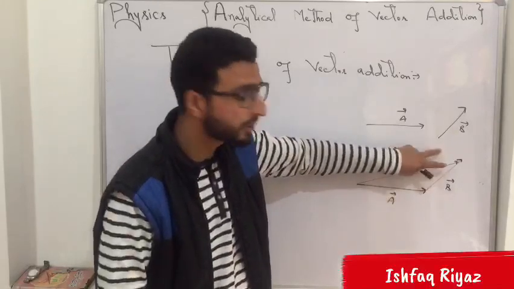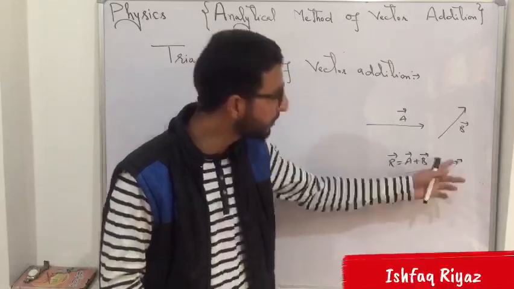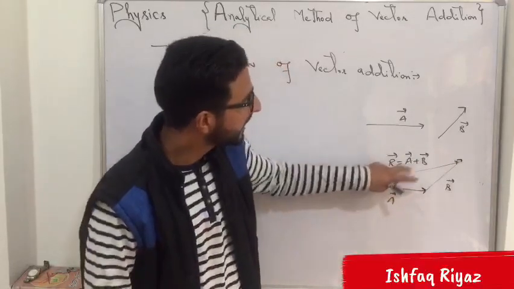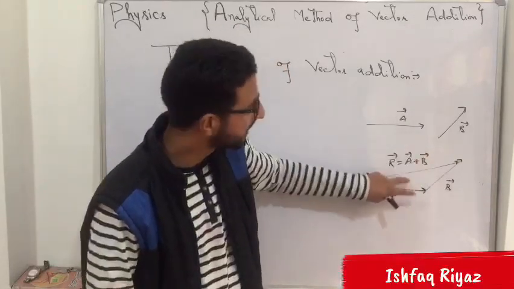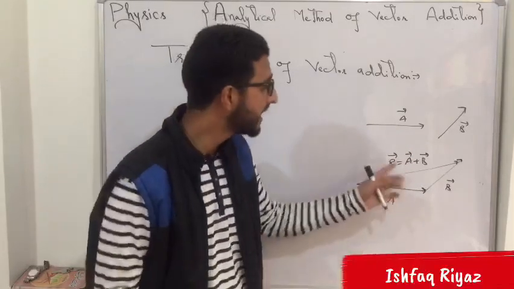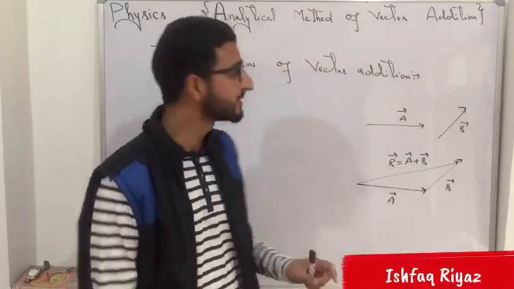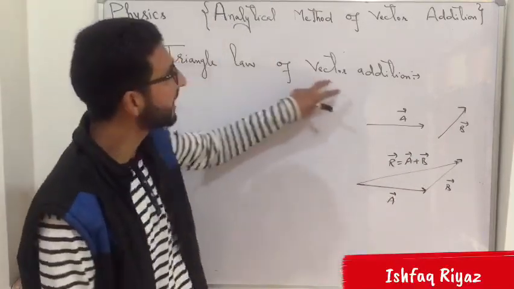What does this opposite order mean? Here this head coincides with the head, that is the opposite order. So the closing side of the triangle represents the magnitude as well as the direction of the resultant vector R. This is the statement of the triangle law of vector addition.